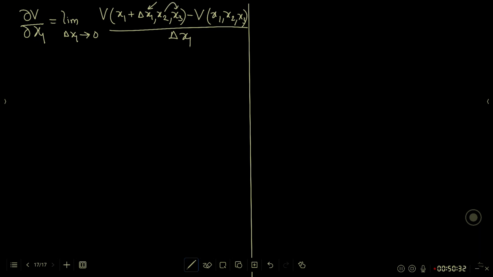This value is at a location where x2 and x3 are the same as the base location, but only the first coordinate has changed by a small quantity, delta x1. That is what is meant by del V del x1.